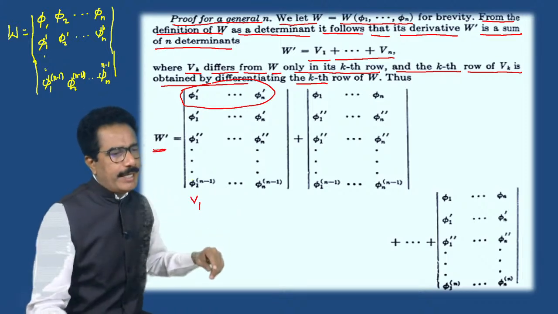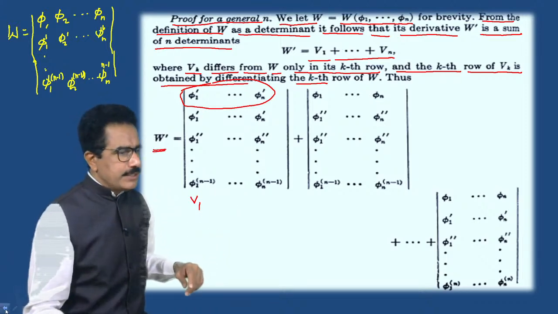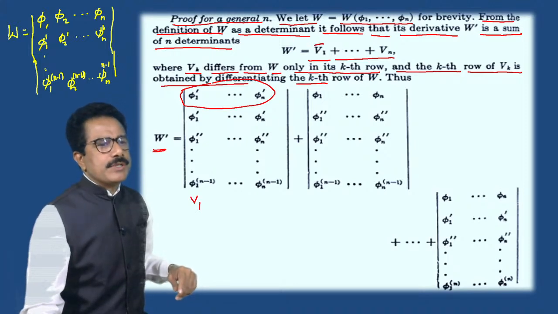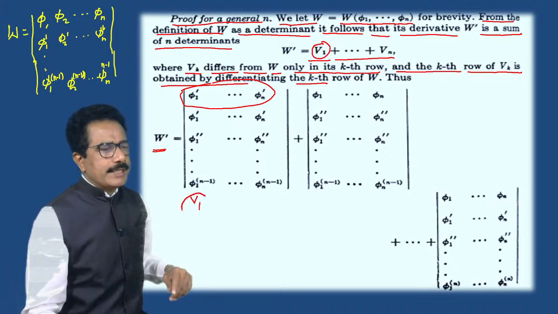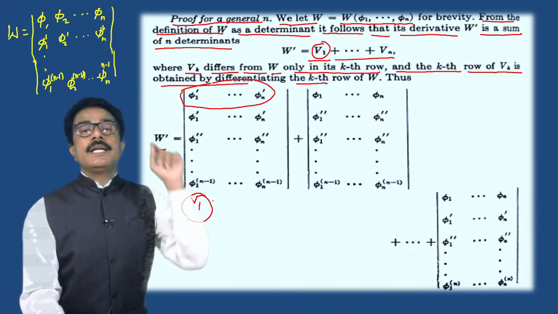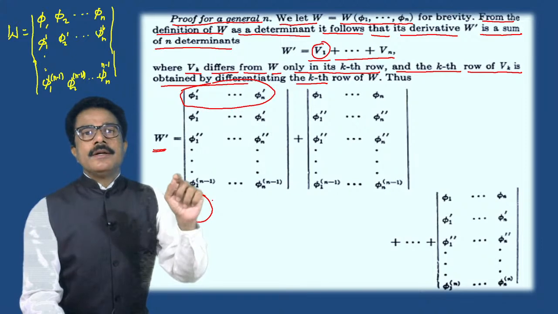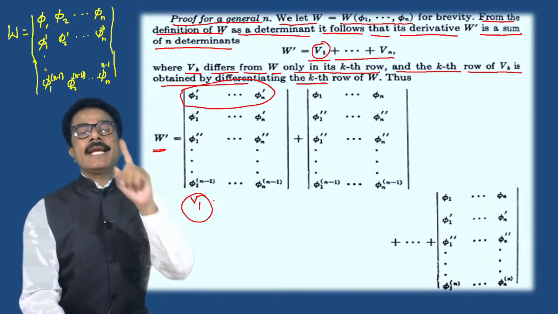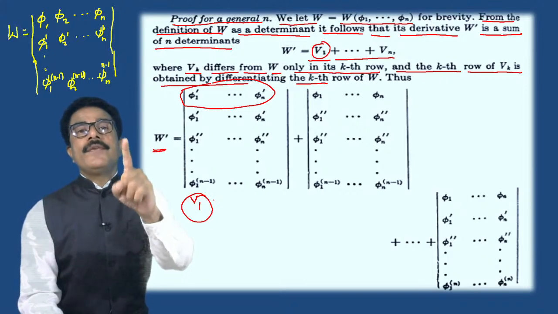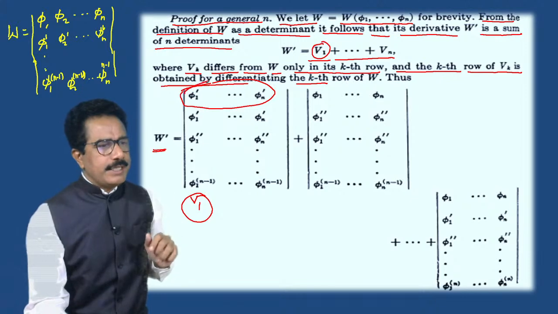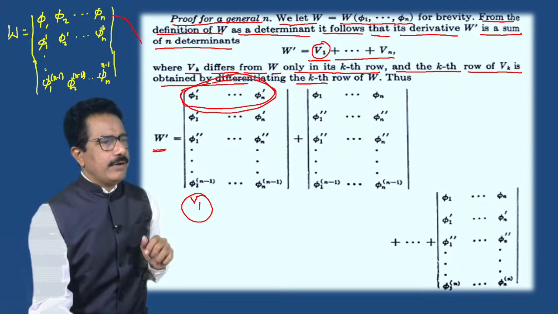See, this is the first, V1. Let me tell you how I took this. Suppose this is V1, so we take this V1. V1 means the determinant which is obtained from the Wronskian by taking the derivative of the first row. 1 means first row, so we have taken here the derivative of the first row.